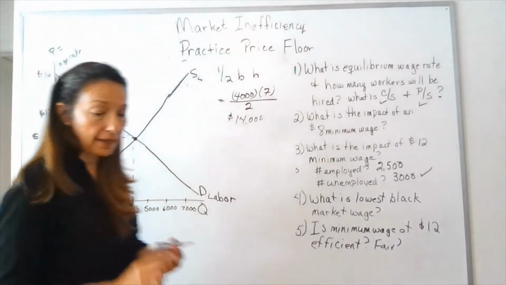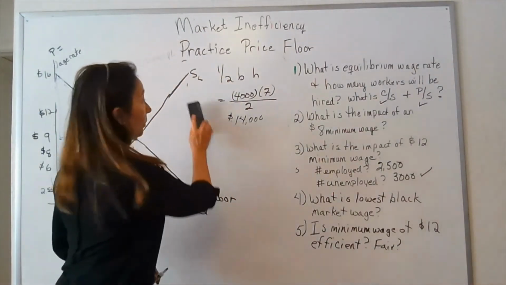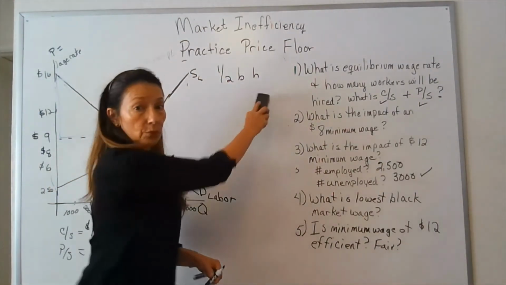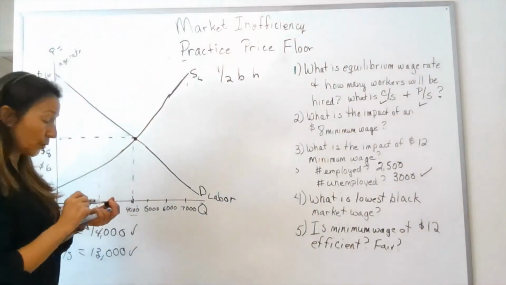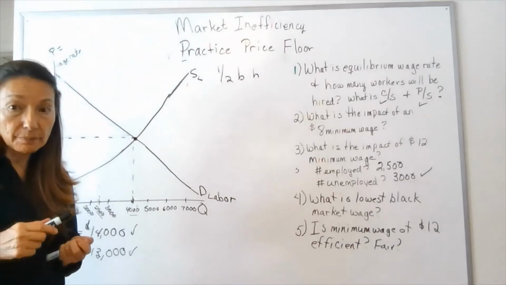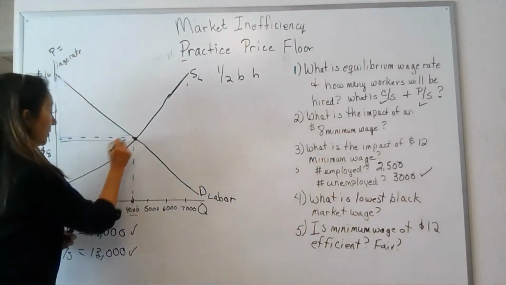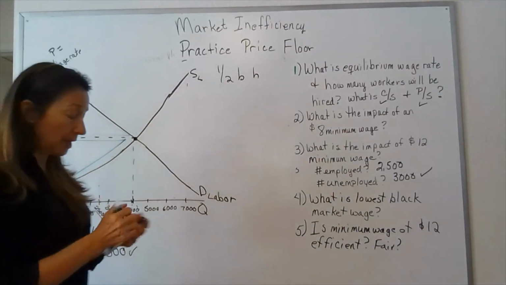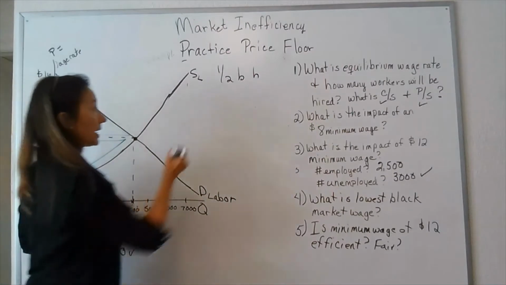Now let's look at how much producer surplus is. Again, we're going to use the same formula, 1/2 base times height. Recall that the producer surplus is the area below the equilibrium price and above the supply curve. So again, 1/2 base times height, the base is 4,000.